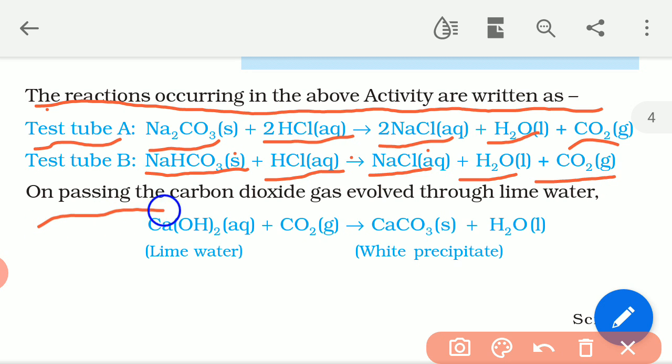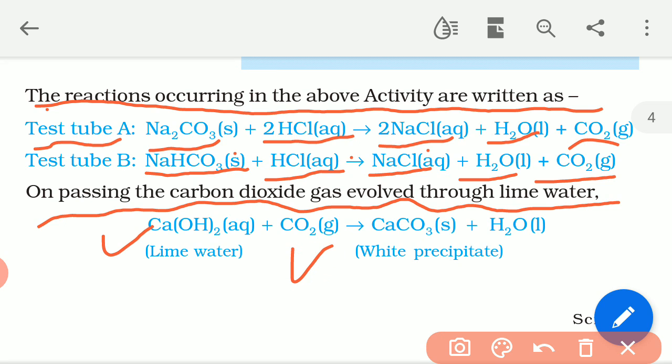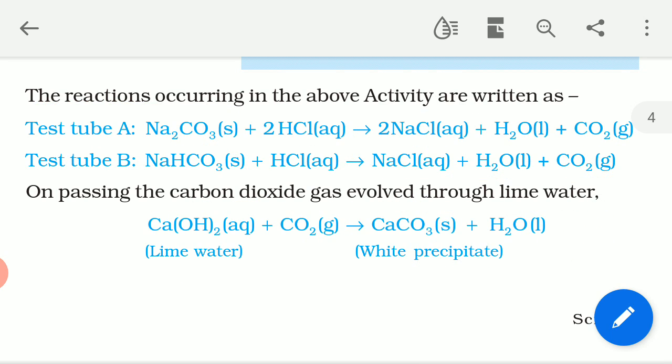On passing the carbon dioxide gas evolved through the lime water, Ca(OH)2 plus CO2, the chemical reaction between lime water and carbon dioxide forms calcium carbonate. This is known as the white precipitate. Marble is called calcium carbonate. Limestone is equal to calcium carbonate, and water is formed.